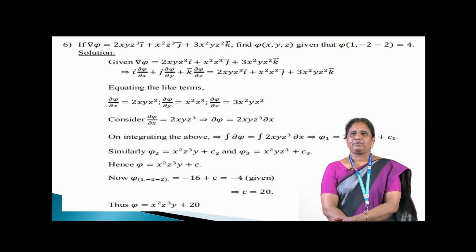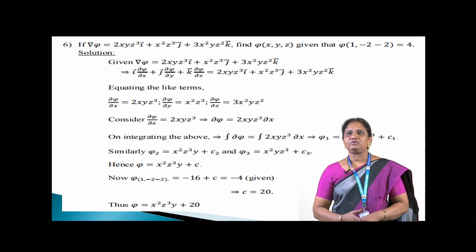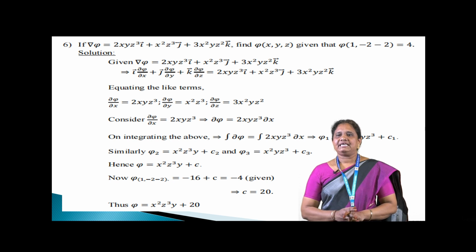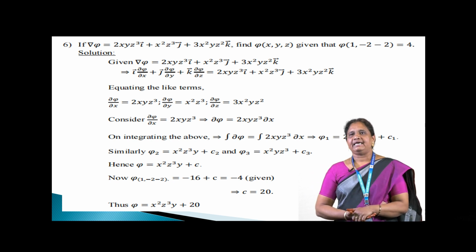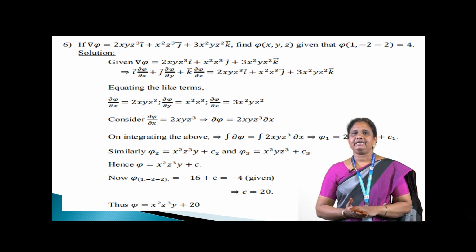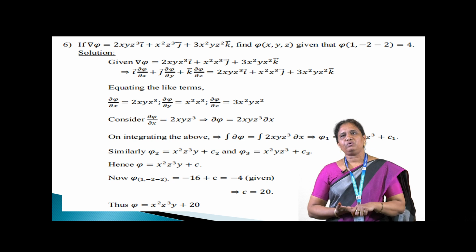But in the given problem, phi of (1, minus 2, minus 2) is equal to 4. Therefore, we get the value of c as 20. Substituting this c value in phi, we get phi is equal to x square z cube y plus 20. Therefore, we can find phi if the gradient of phi is given.